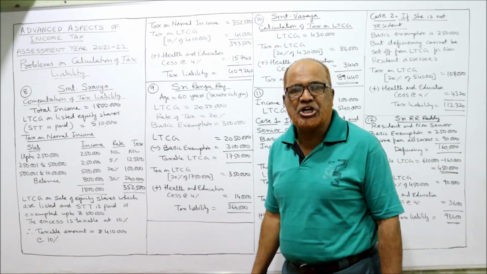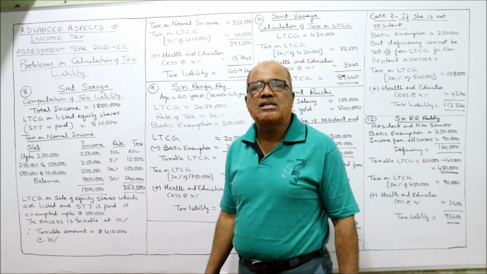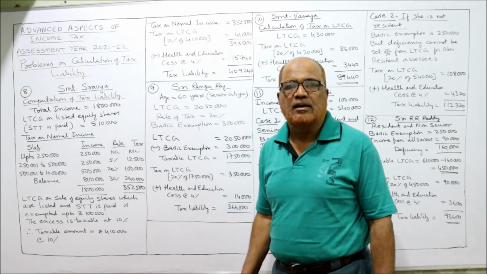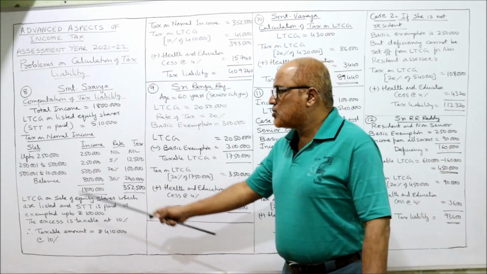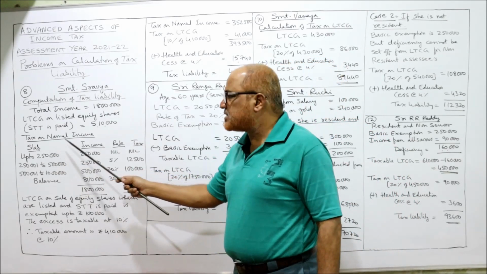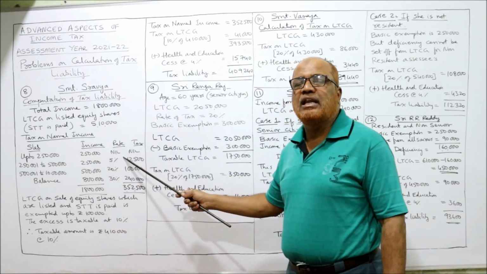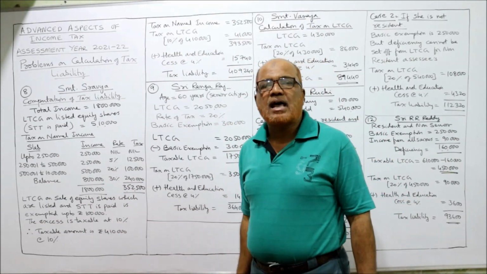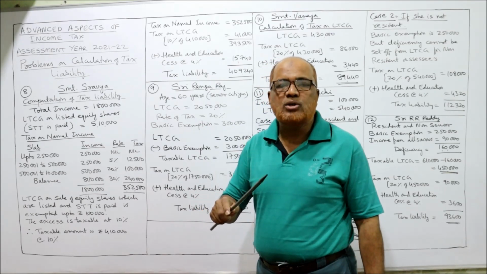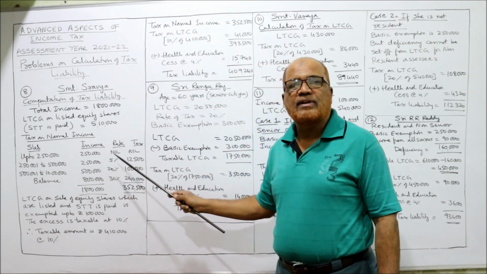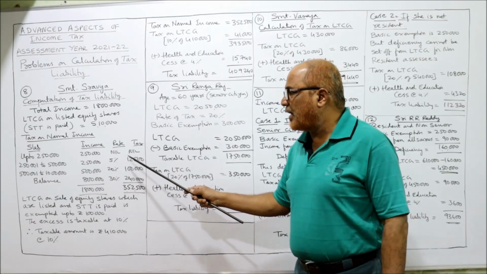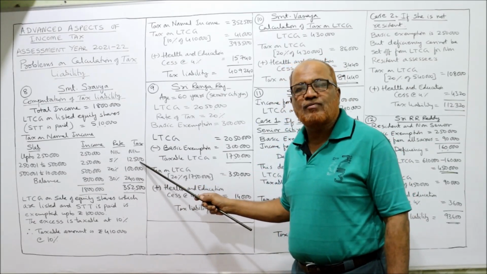If nothing is mentioned, we assume the assessee is a non-senior citizen below the age of 60 years. So up to 2,50,000, nil, no tax. Second slab is 2,50,001 to 5 lakh. The income is 2,50,000 and the rate of tax is 5%. So 5% of 2,50,000 is 12,500.